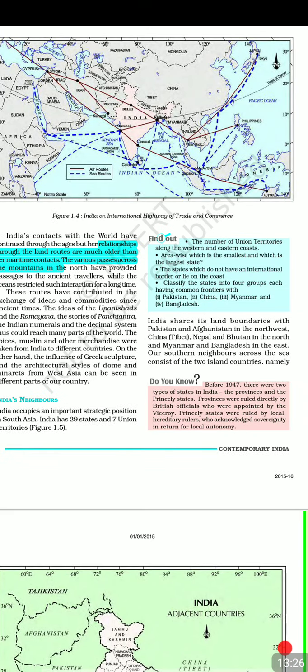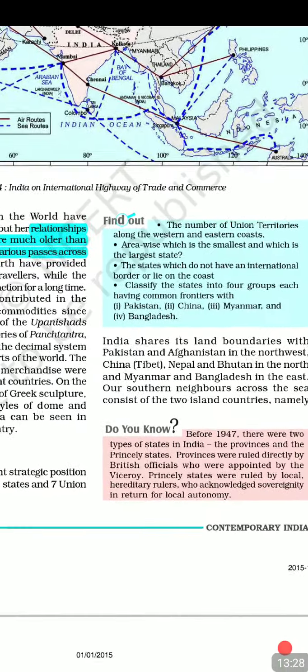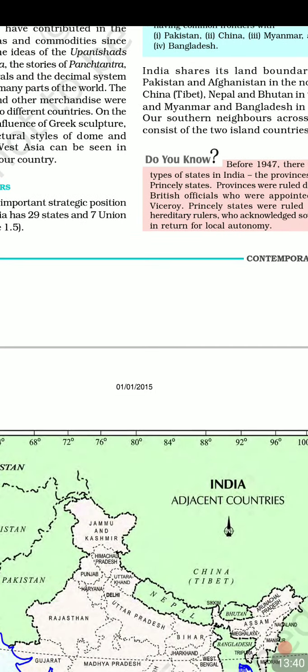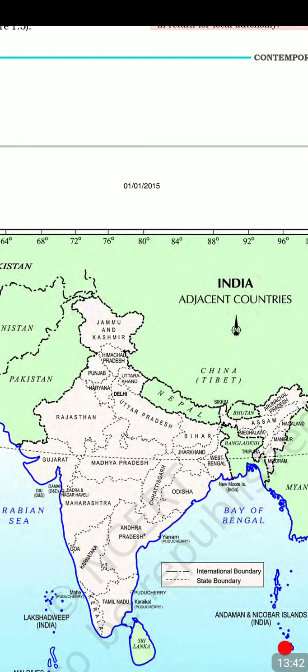And some of the other questions, like classify the states into 4 groups, each having common frontiers with Pakistan, China, Myanmar and Bangladesh. If you see, China shares a boundary with the Union Territory of Ladakh. Then if we talk about the states, Himachal Pradesh, Uttarakhand, Sikkim, Arunachal Pradesh.